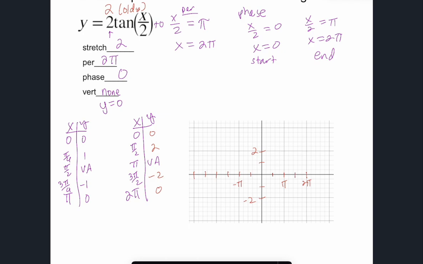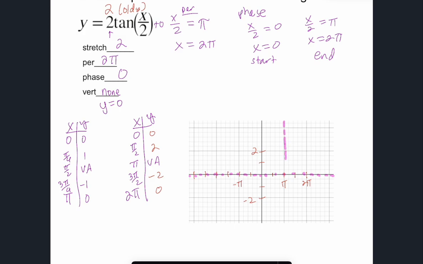So get your graph paper ready. So let's put our midline on. Now, unfortunately for a tangent, we only have one vertical asymptote, but we'll fix that in a minute.